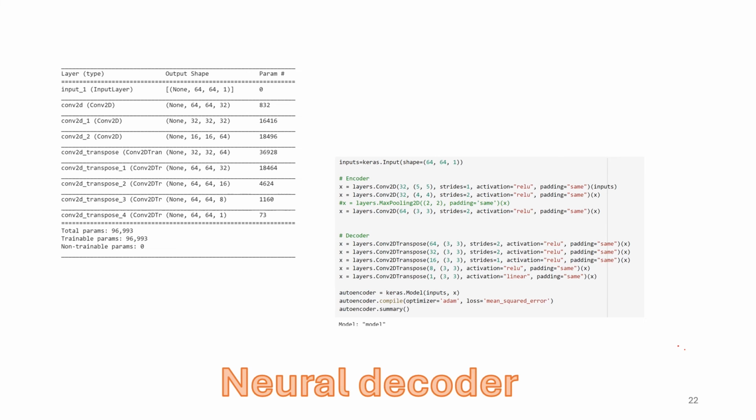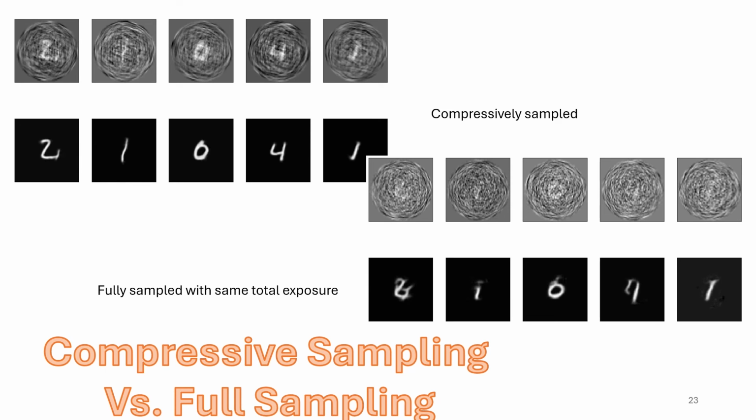What we want to show here is what happens when we subsample versus when we fully sample all the data. And here are the results of that analysis. At the upper left, we have randomly compressively sampled data, I think sampling 10% of the underlying rays in the system.